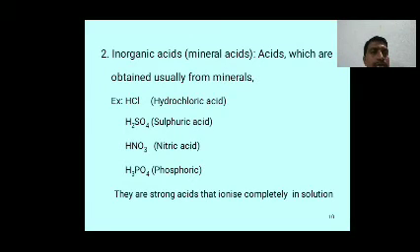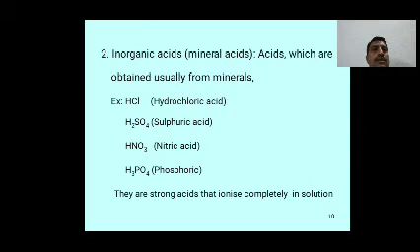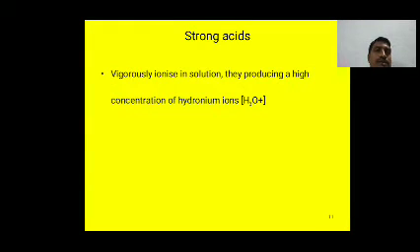So, organic acids are available from plants, like acetic acid and oxalic acid, while inorganic acids are obtained from minerals, like HCl, H2SO4, HNO3, H3PO4.